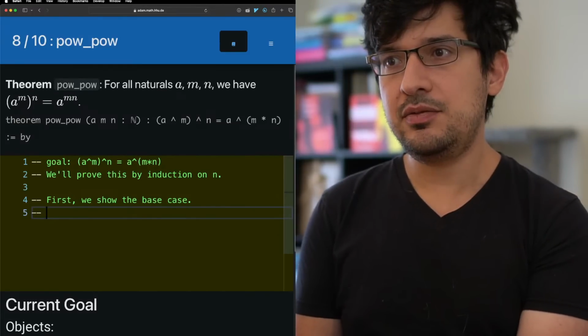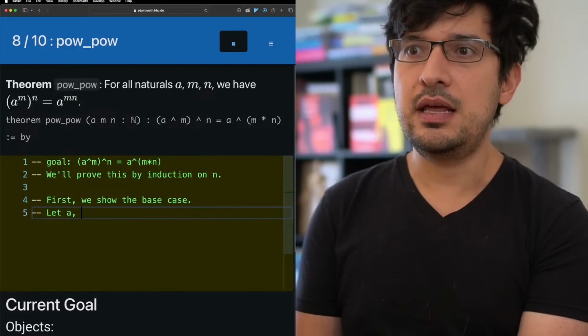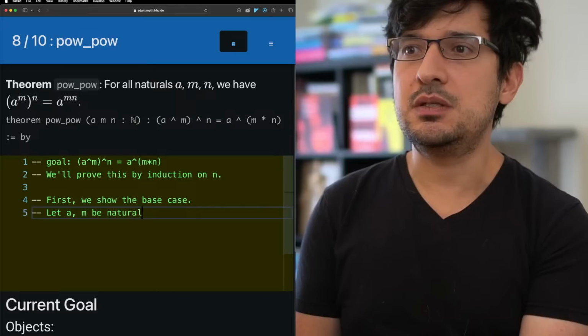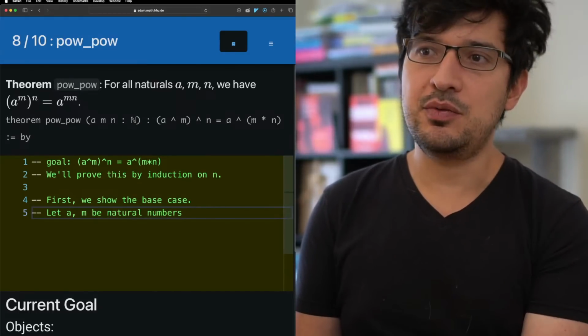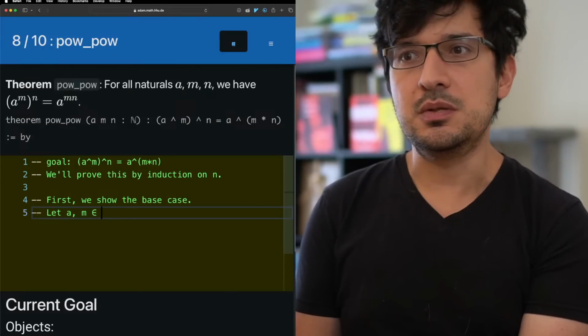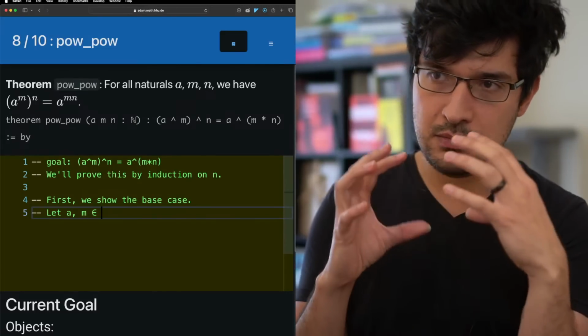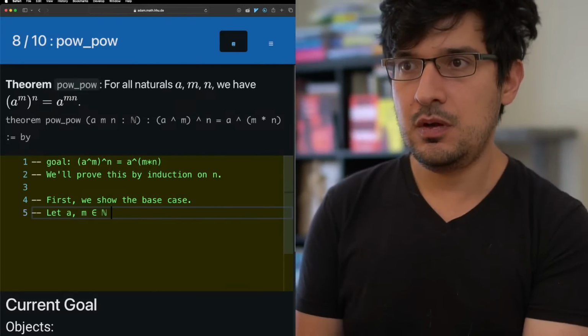The base case: let a and m be natural numbers. Some authors will type out those words, and then others will do a fancy symbol. This element symbol means that it's an element of the second symbol.